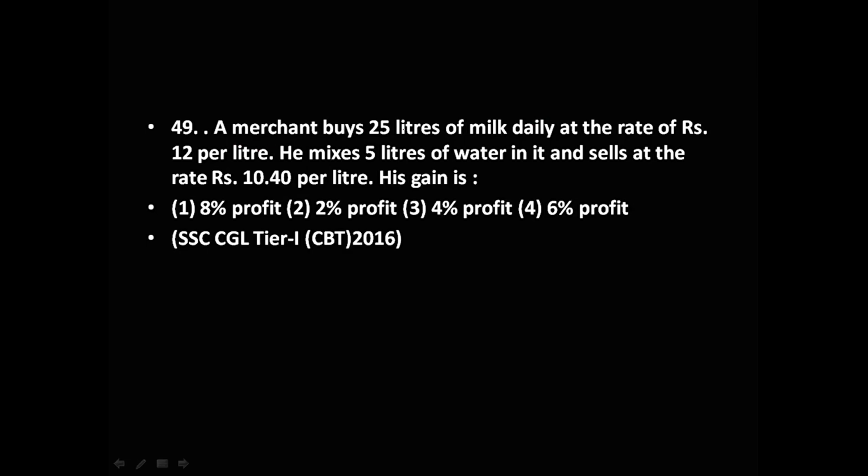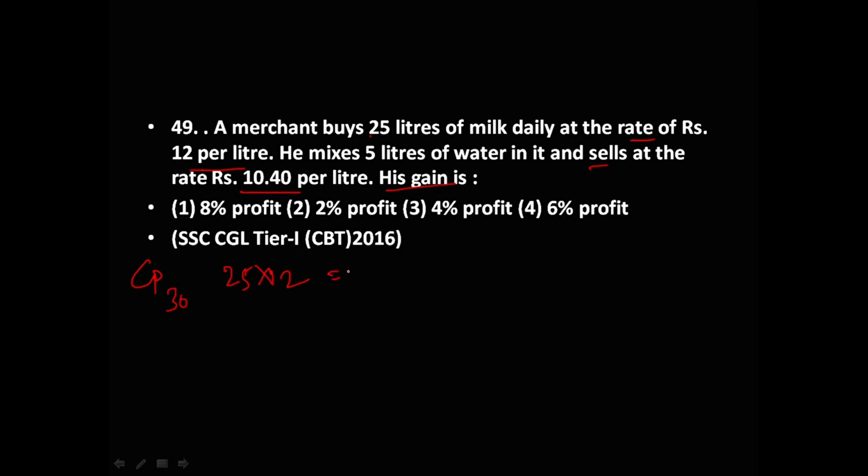A merchant buys 25 liters of milk daily at a rate of 12 per liter. He mixes 5 liters of water in it and sells at the rate of 10.40 per liter. His gain is? So how can we solve it? First of all, what can we see? That CP of 30 liter mixture of milk and water is 25 into 12, right?